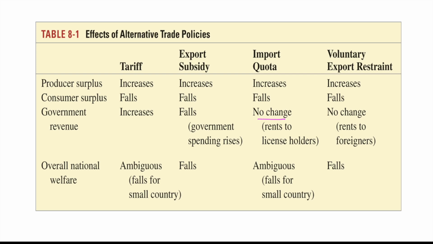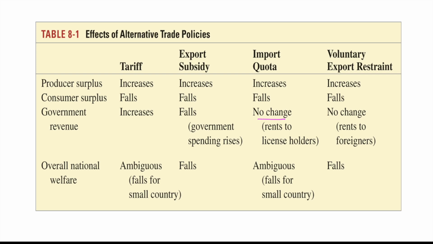The revenue goes to the foreign producers or license holders. The overall national welfare in the case of a quota is ambiguous for a large country, but always falls for a small country.